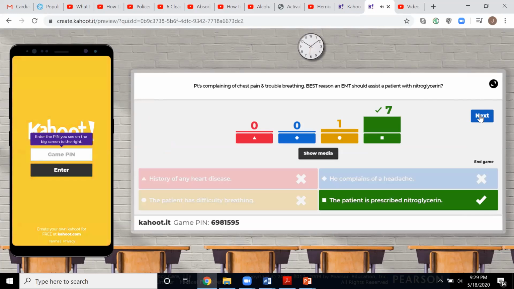Simple enough. If the patient has chest pain and they're prescribed nitroglycerin and there are no contraindications, and this question is not telling me about any contraindications, then as long as they're prescribed it and they have chest pain, they're good to go.